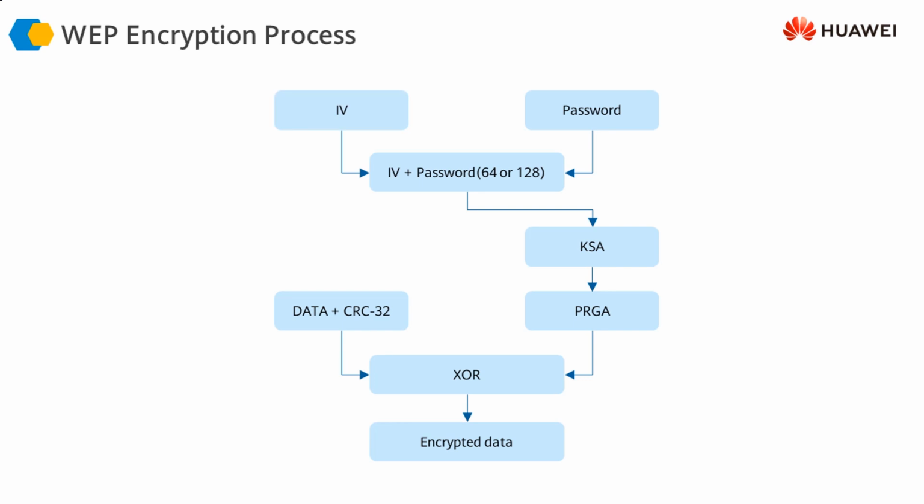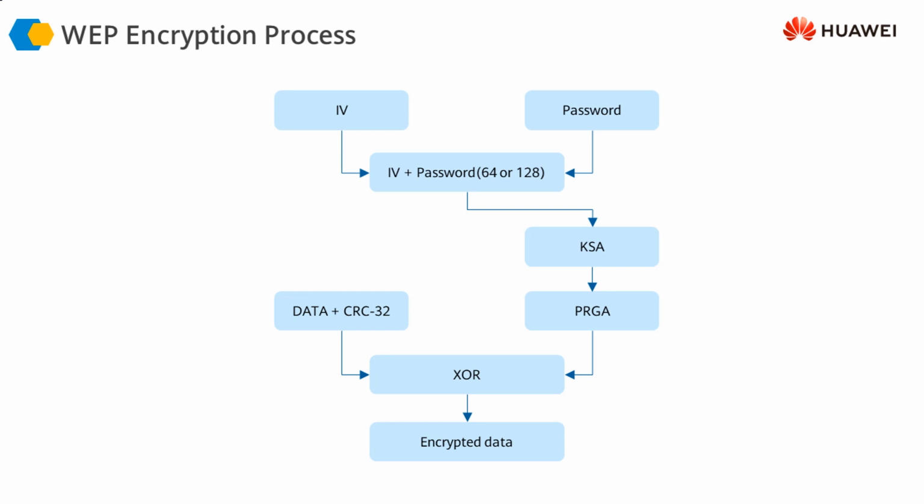So IV, you've been hearing about initialization vector, or IV, a lot. What happens is that we combine the IV and the password, and we generate something called KSA. When you combine a random initialization vector along with the password or the pre-shared key, PSK, we get KSA. KSA stands for key scheduling algorithm.